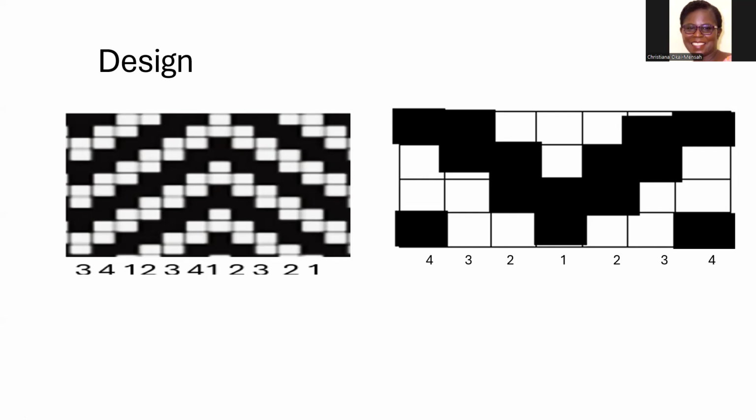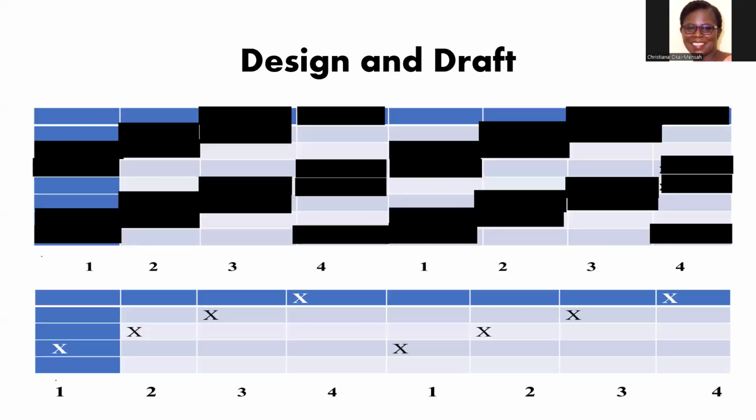Now you have created your design, how can we weave the design on the loom? You need to do a whole lot of things. So the next thing that you're supposed to do after creating the design is the draft. So the top here is the design. You see, you have the 1, 2, 3, 4. 1, 2, 3, 4.